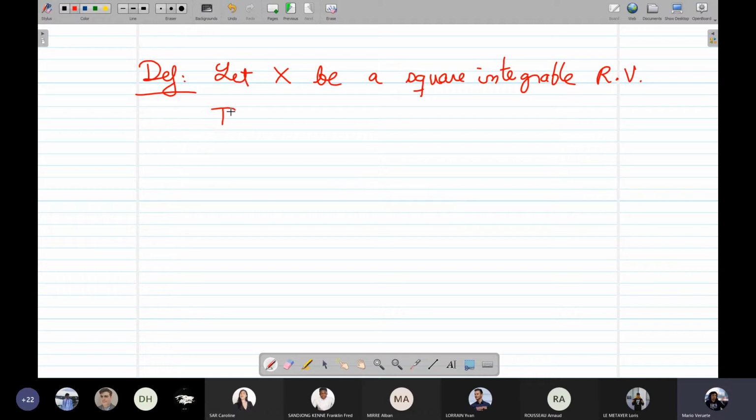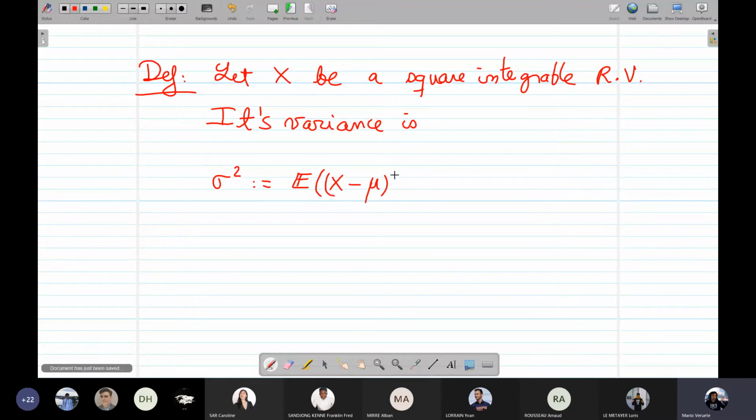Its variance is by definition the quantity sigma squared, defined as the expectation of (X minus the mean) squared.